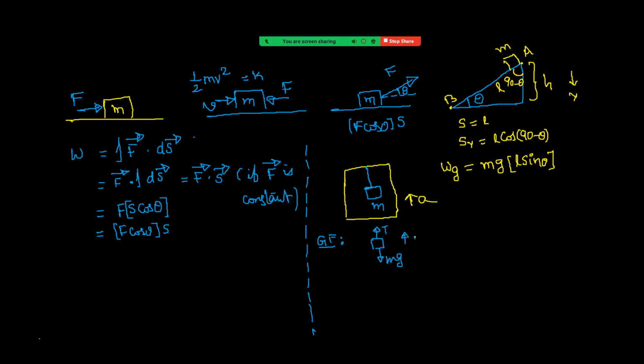Acceleration is upwards, so net force is upwards. Then what do we have to write? Net force, tension T minus mg. This is the net force. Net force equals mass into acceleration. Therefore, tension equals m into g plus a.